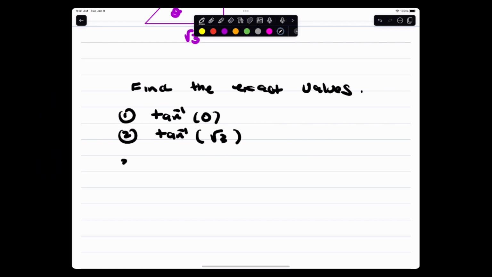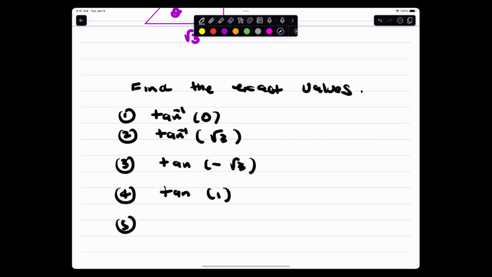Inverse tangent of square root of 3. Inverse tangent of minus square root of 3. Inverse tangent of 1. Inverse tangent of minus 1.